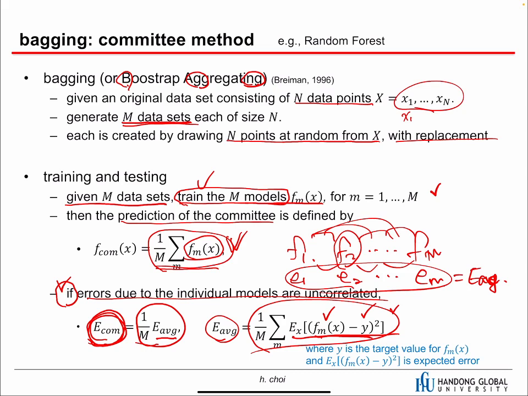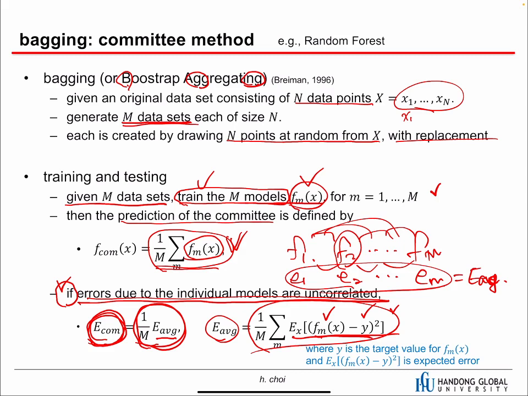That's the problem here. So when we train these m models, they're all trained on similar data sets. So these models are quite similar, not completely different kinds of decisions. Okay, then this condition is not satisfied, so we cannot achieve this much improvement. This is not practically possible.